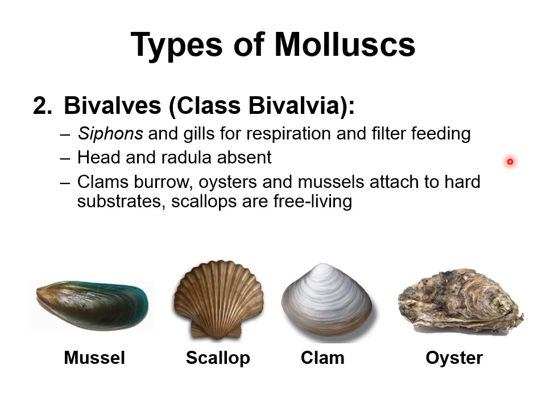And so where you can find these things and what you can find them doing, things like clams will burrow themselves into sand, so you pretty much only ever find them in sandy areas. Oysters and mussels will be attached to hard sea floors and attached to each other. Scallops are the only ones that kind of swim around, and swim is kind of maybe a little bit of an exaggeration.